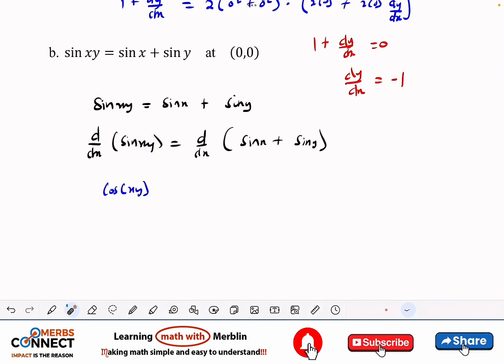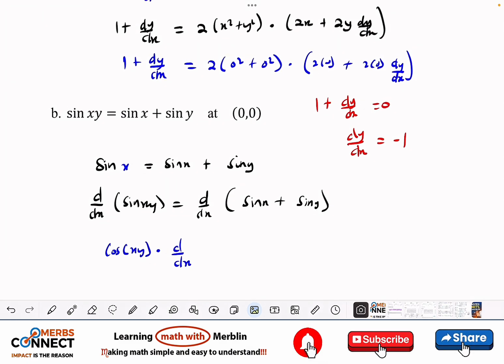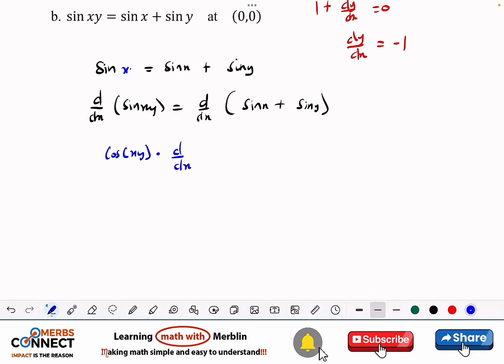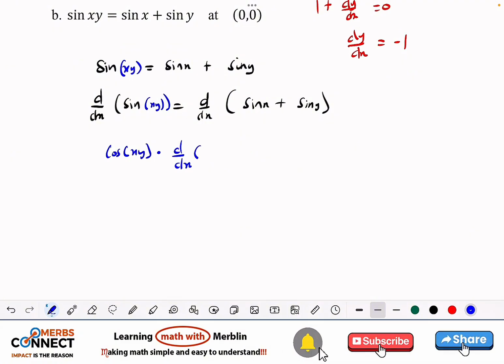As soon as I'm done differentiating sine, I need to differentiate what is inside the parentheses. So I should have put this one into parentheses, like xy, so that you understand what I'm trying to say here. When I'm done differentiating the sine of xy, I need to differentiate what is inside the parentheses, because this is like the chain rule.